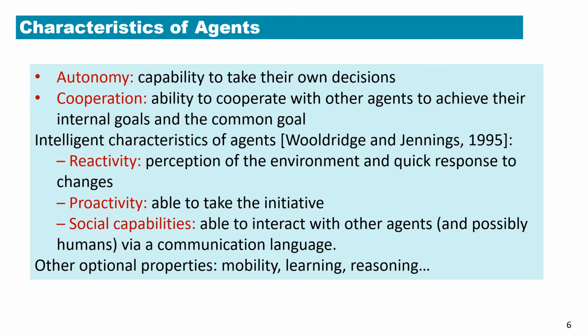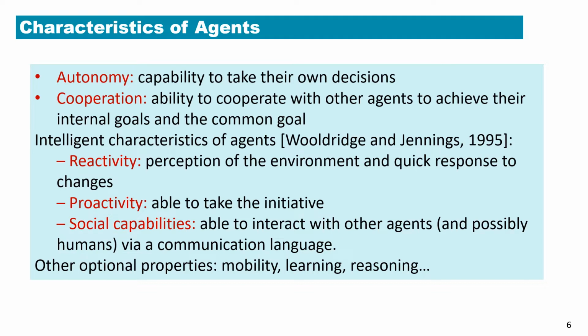Intelligent characteristics of agents, according to Wooldridge and Jennings, are reactivity, which is the perception of the environment and quick responses to those changes or modifications, and proactivity, which is the ability to take the initiative. And of course, the social capabilities, which is almost like the cooperation and the communication.